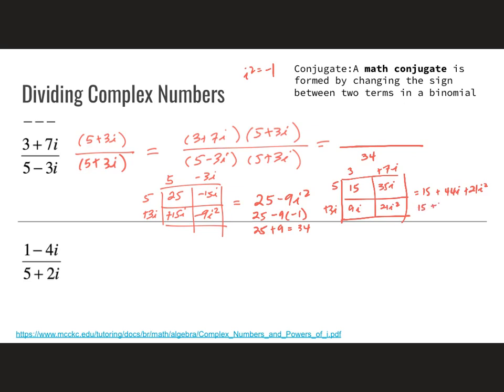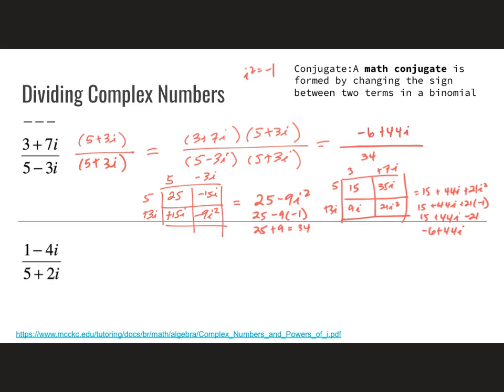So this is 44i plus 21 times negative 1, 15 plus 44i minus 21, and then 15 minus 21, which is negative 6 plus 44i. So this is really negative 6 plus 44i in the numerator.